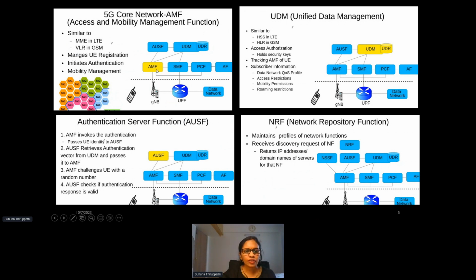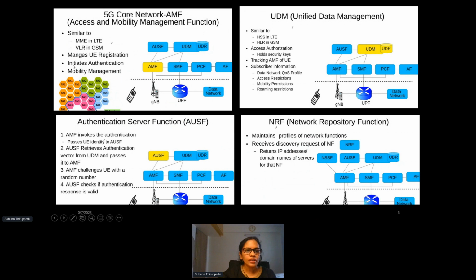The functionalities provided by AMF are that it manages UE registration, initiates authentication, and provides mobility management. What is UE registration? When the mobile is powered on for the first time, it has to register with the network. For that registration, AMF provides assistance.